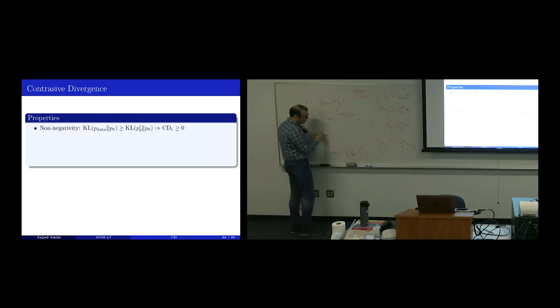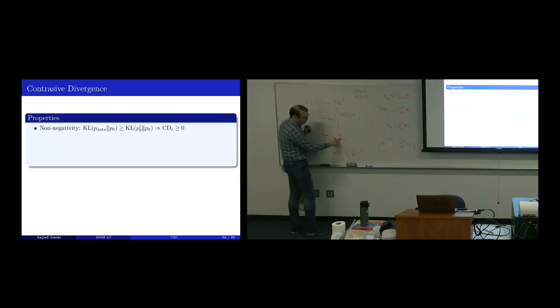You start with p data. Assume that I start with 1 million samples of p data, okay? I transfer all of these 1 million into another cloud of points. Again, I have 1 million data points, and those are coming from a new distribution that I denote by p theta 1 of x.